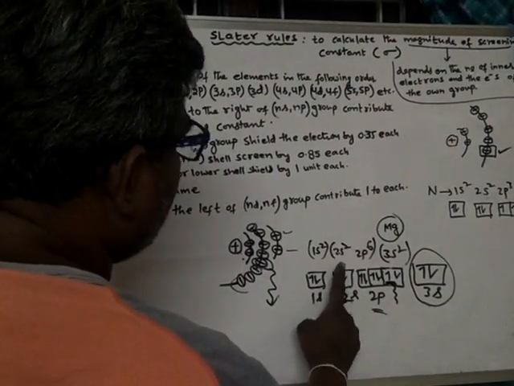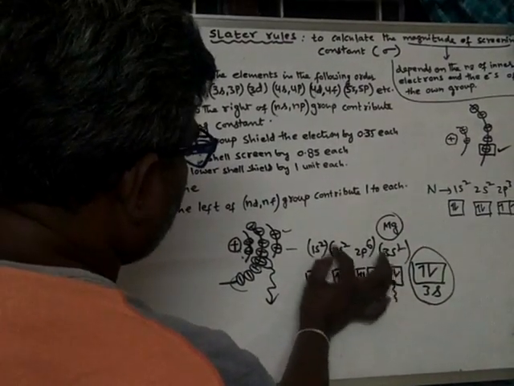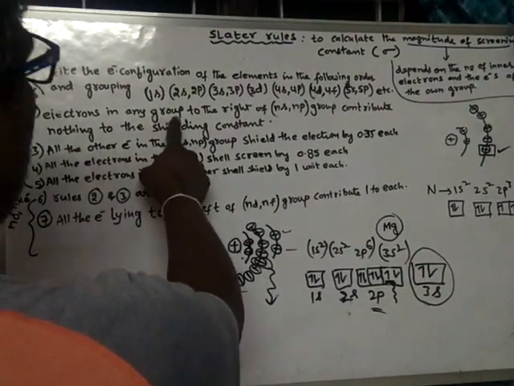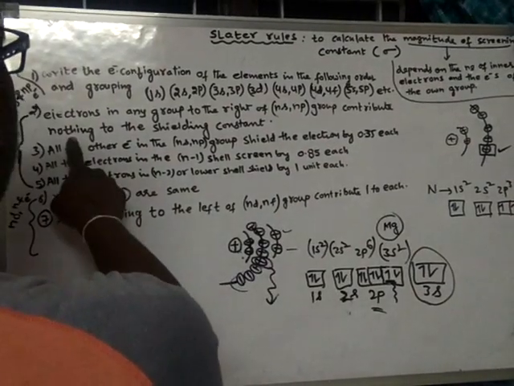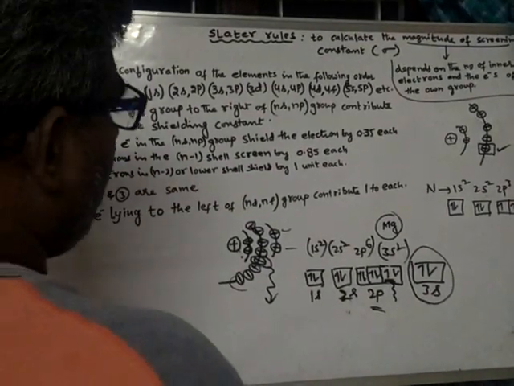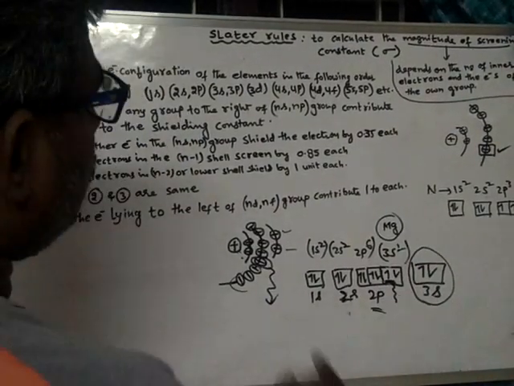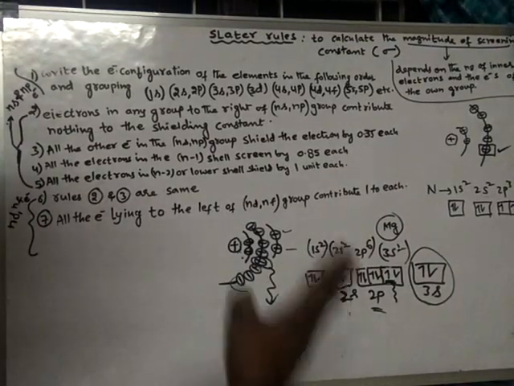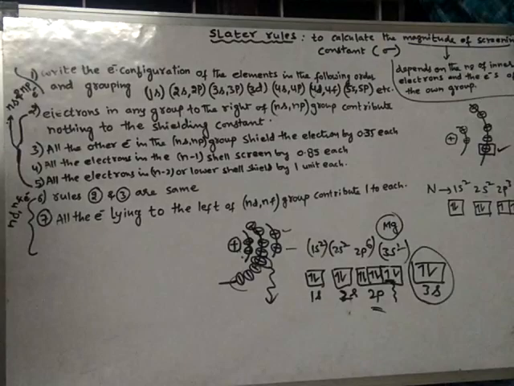So the electrons in any group to the right of the ns-np group contribute nothing to the shielding effect. That means the electrons present in this group contribute nothing to the screening effect. Gradually, after solving some examples, we will come to a clear understanding.